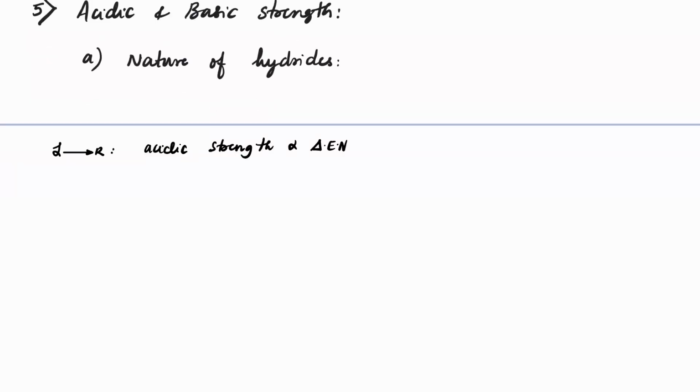That is, if you compare methane from group 14, ammonia from group 15, water from group 16, and HF from group 17, we can say that the acidic nature of HF is greater than this because electronegativity difference is increasing.